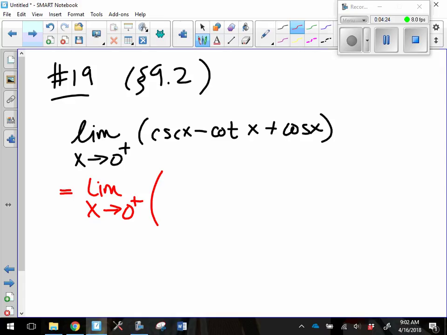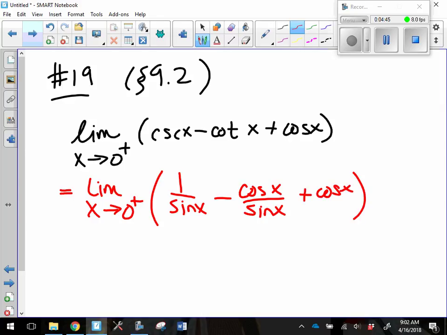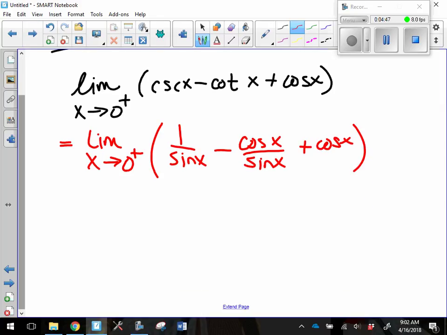So what's cosecant? 1 over sine. What's cotangent? It is 1 over tan, but then that makes it, no, it should be cosine over sine. Okay, plus cosine x. I just find it easier. I'm going to do that in my head anyway, so I might as well write it down and make sure I don't screw it up.